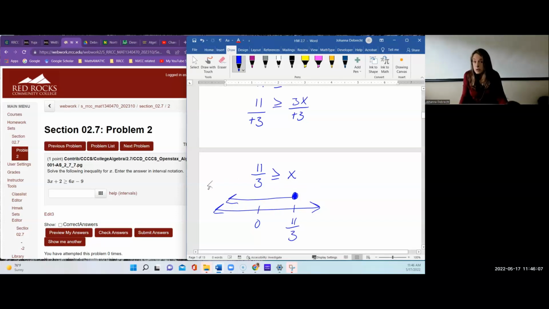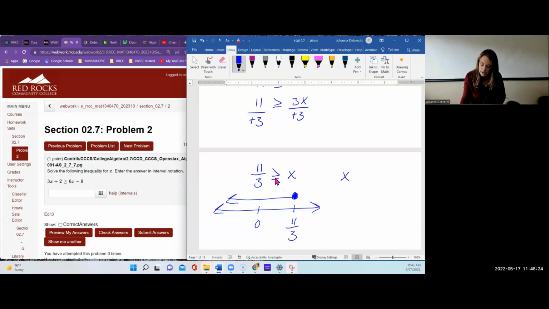Now, if it truly bugs you to have the variable on the right, you can turn the inequality around. However, turning the inequality around means you have to turn everything around, but you have to maintain which side of the symbol the x is on. The x is on the little end.